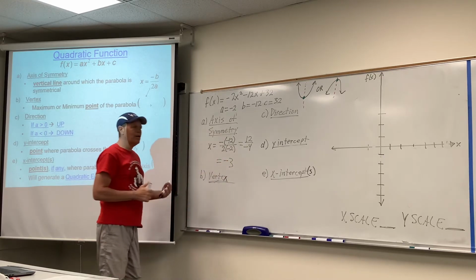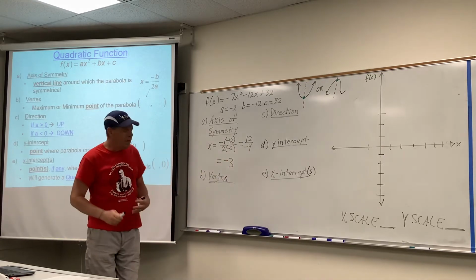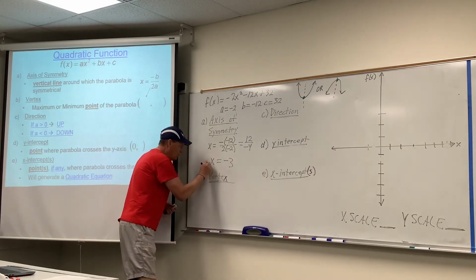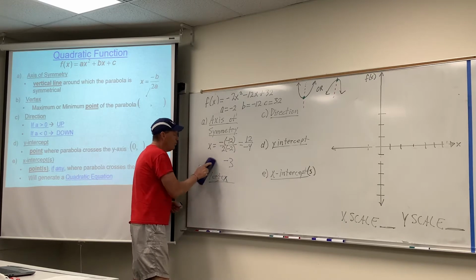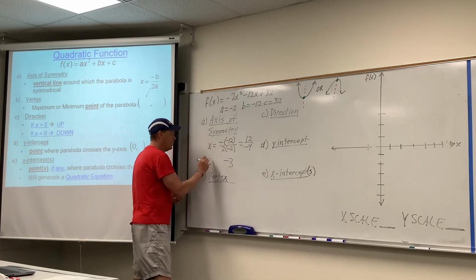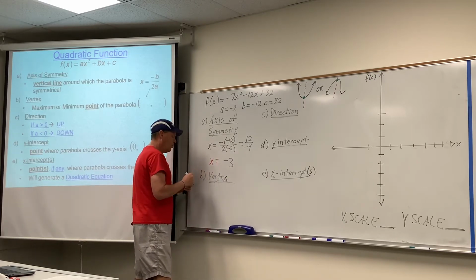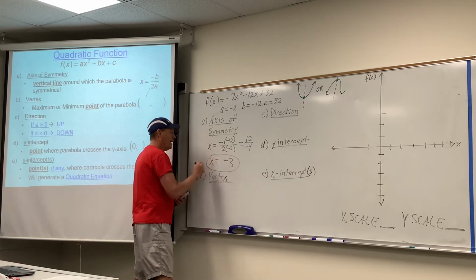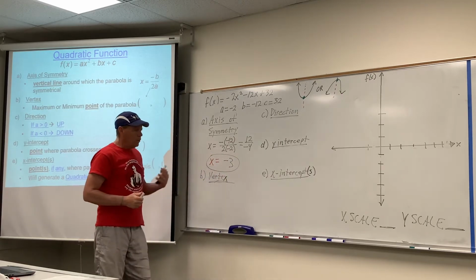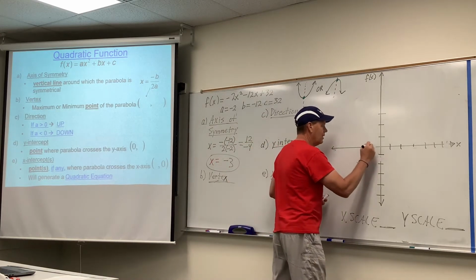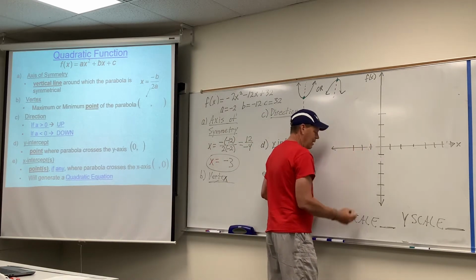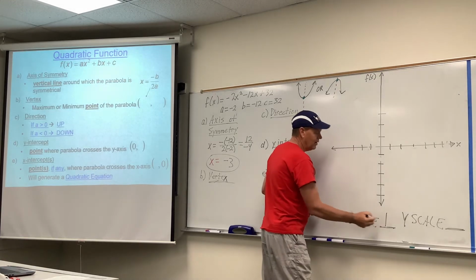And as we harped on in example number 1, it would be imperative that we put x equals there. On the remaining examples, I'm going to leave up here in red what would be the same on every one of these. So x equals negative 3, which would indicate that we would go to negative 3 on the x-axis here. All right, and I'm going to scale the x-axis by 1s, therefore.